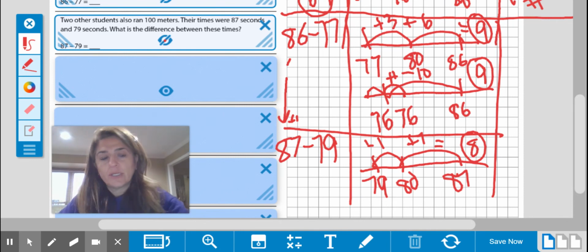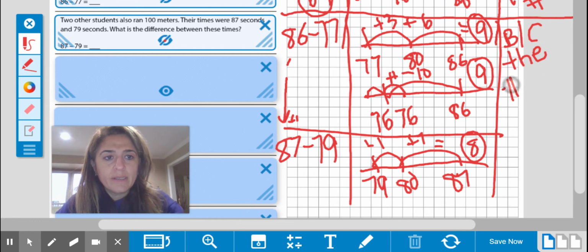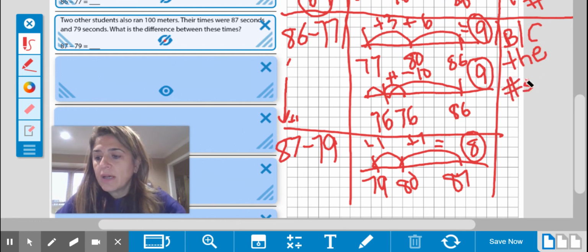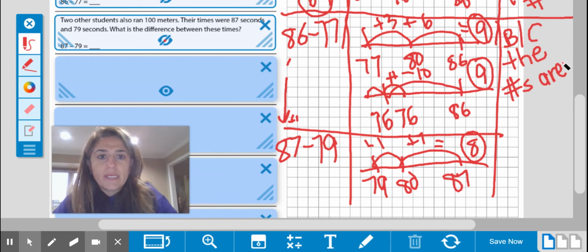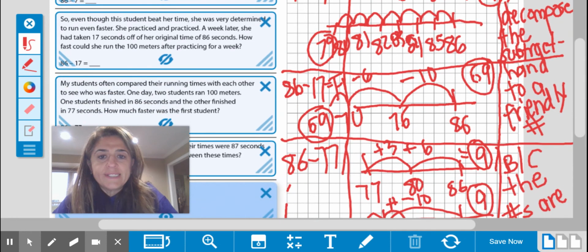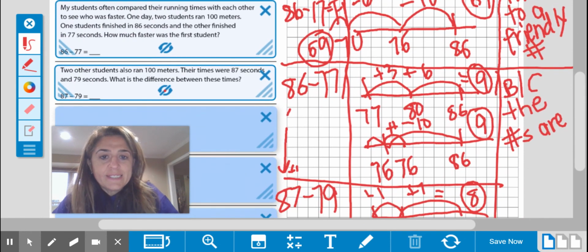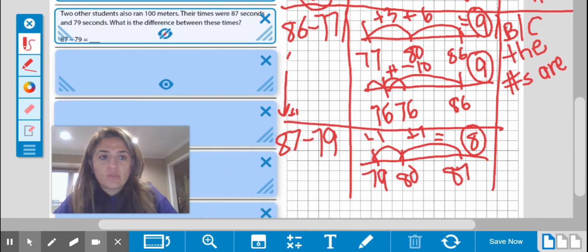So your connection is BC is because the hashtag numbers with the S, because the numbers are close, say that's the difference between here and here. 86 and 17 are far. 86 and 77 are close to each other, 87 and 79 are close to each other.